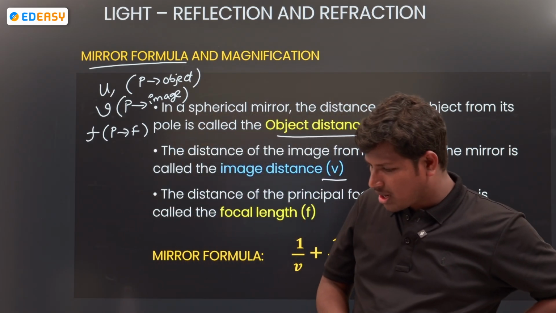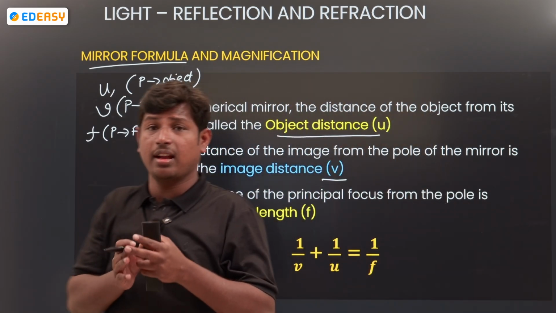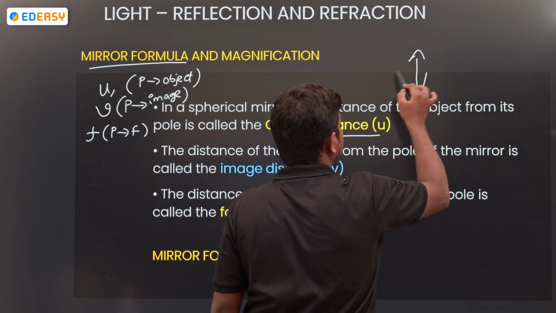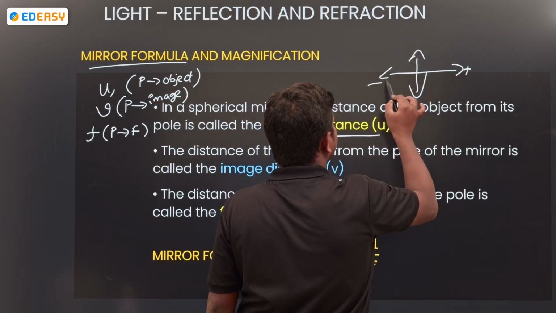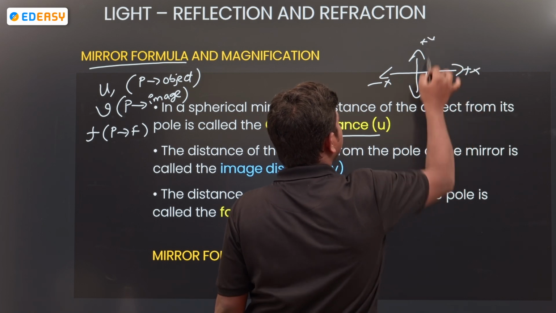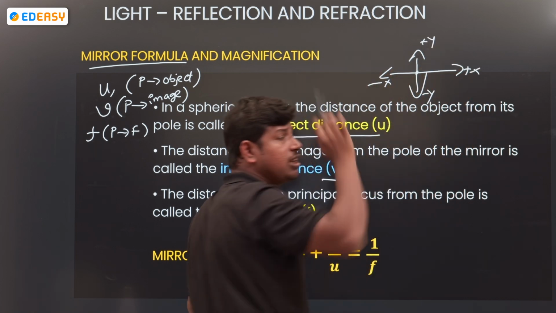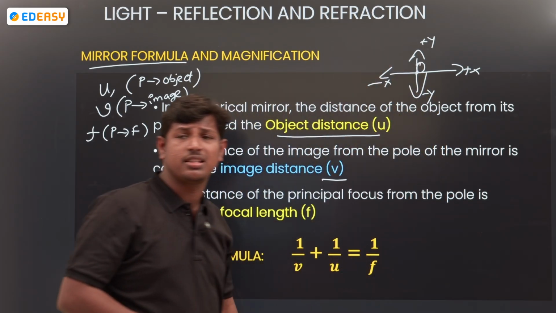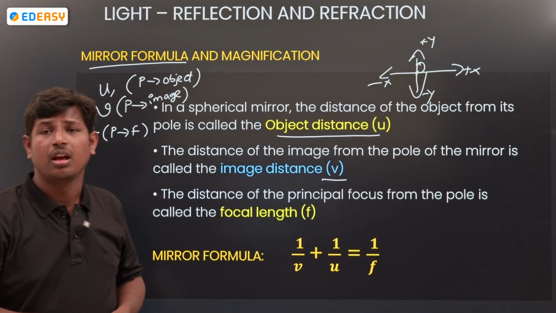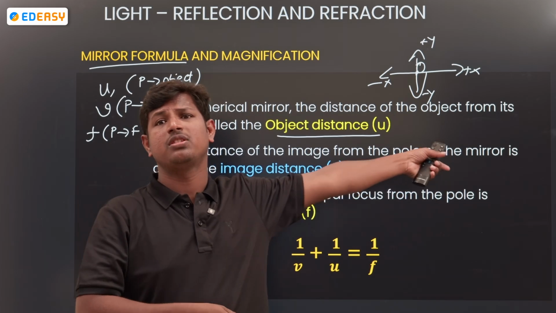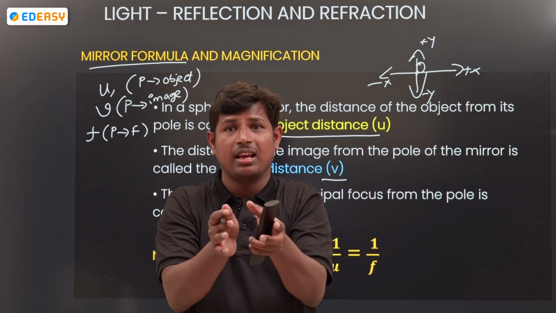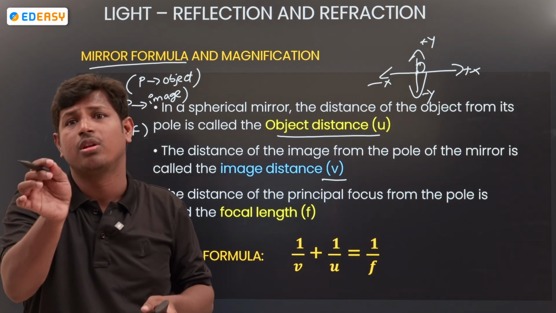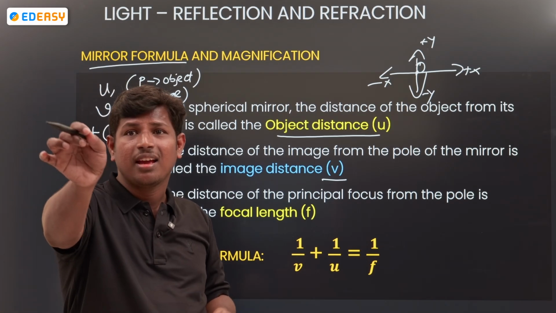See, if you take a graph, with a positive x-axis, negative x-axis, positive y, negative y, from where do you measure all the distances? From the origin. To get exact values we measure all distances from the origin only. Similarly, all distances are measured from the pole. So here the pole acts like an origin.